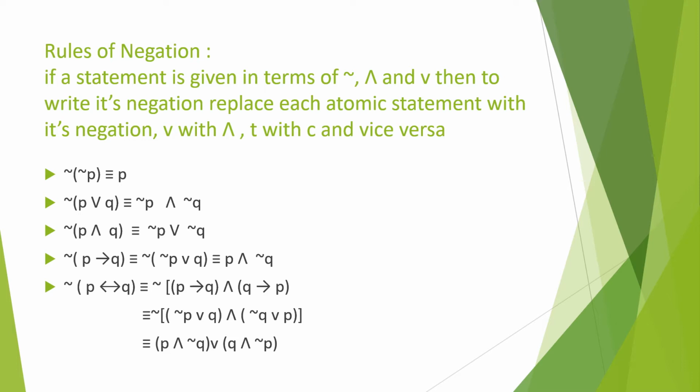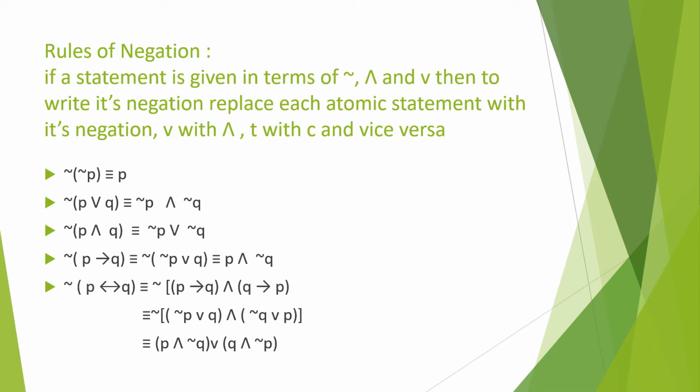But to write the negation, our condition is the statement pattern should be in terms of negation, conjunction and disjunction. But while proving the logical equivalence, we have seen that P implies Q is logically equivalent to negation P or Q. So simplifying it, negation of P implies Q is negation of, now P implies Q is equivalent to negation P or Q. Now apply the rule for the negation.